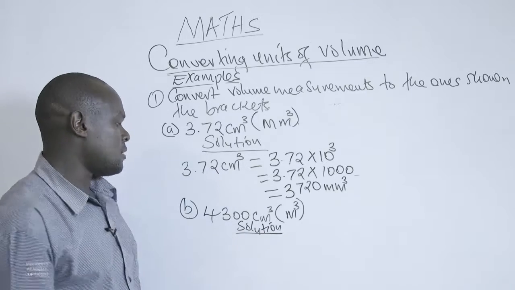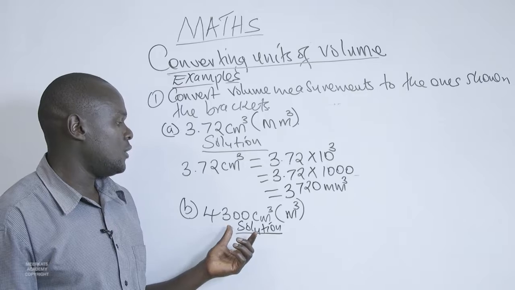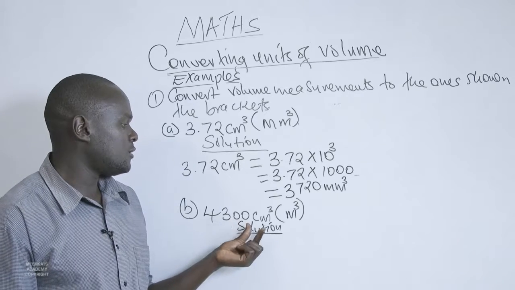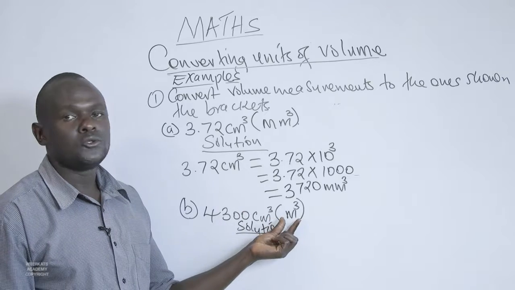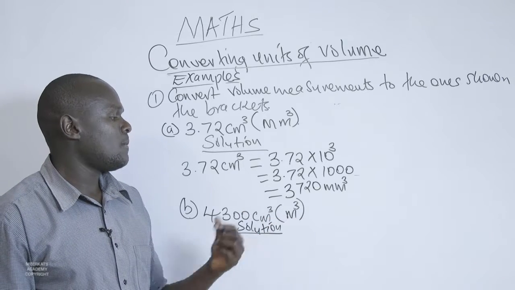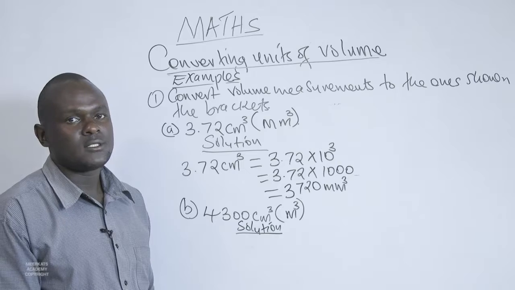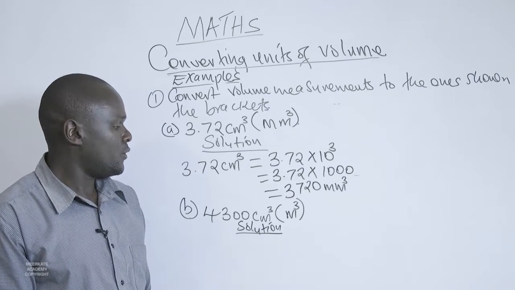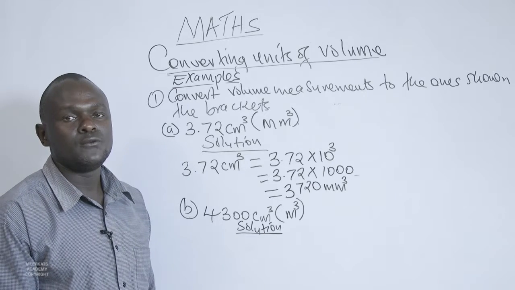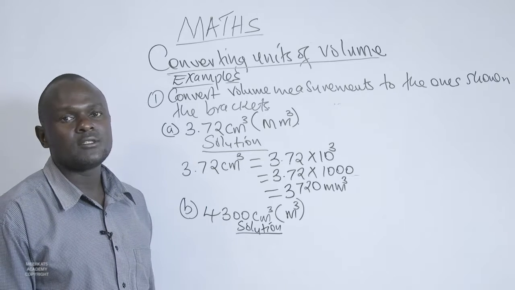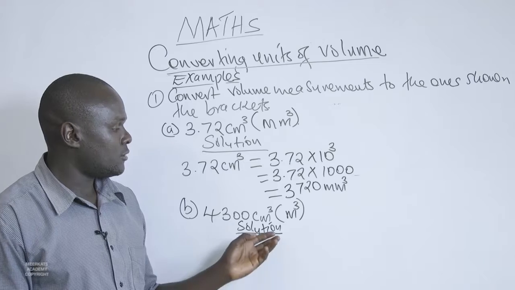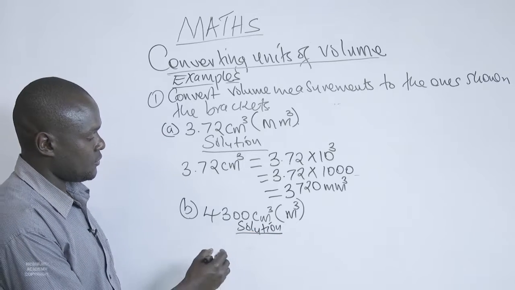In this second example, we are required to convert from a smaller unit, cubic centimeters, to a larger unit, cubic meters. We are supposed to perform division by a certain factor that we established earlier in this lesson.